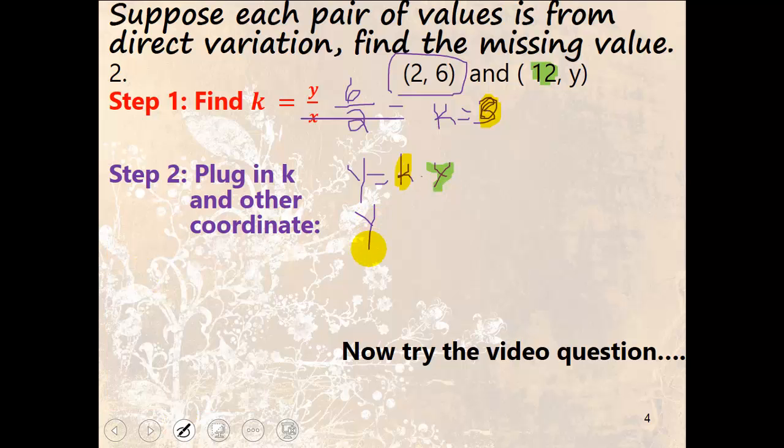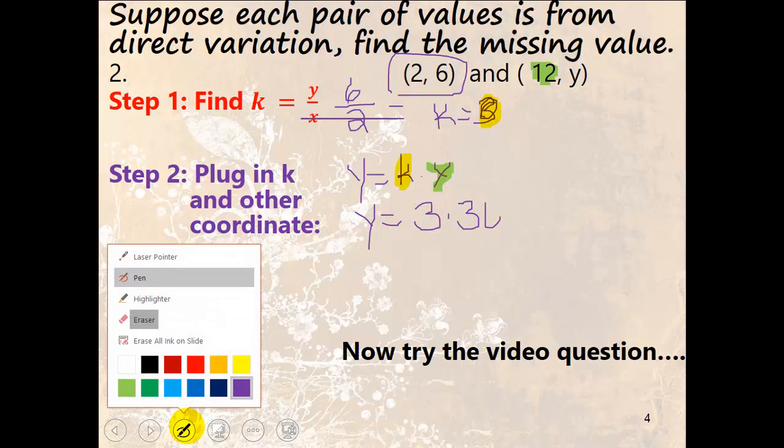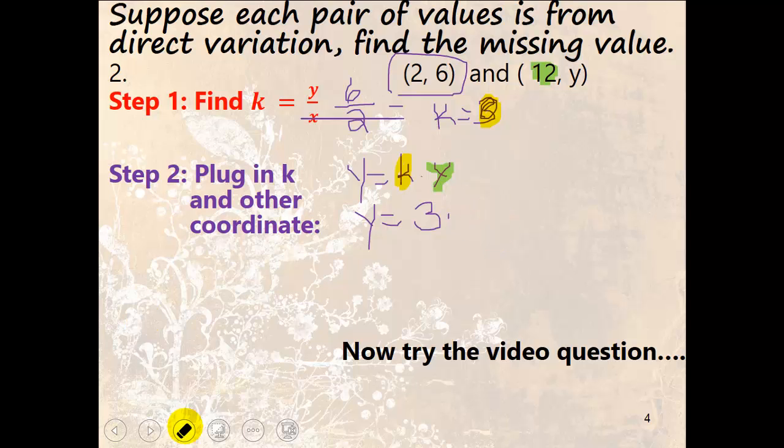So I have y is equal to 3 times 12, which equals 36. So y has to equal 36. So think about this. That says my ordered pair is 12, 36.